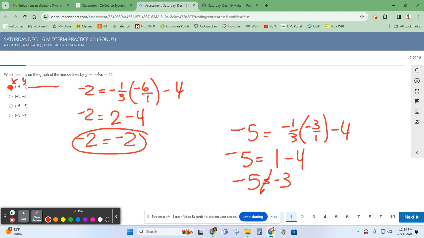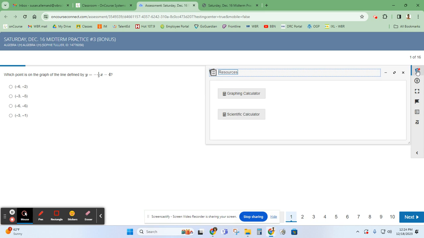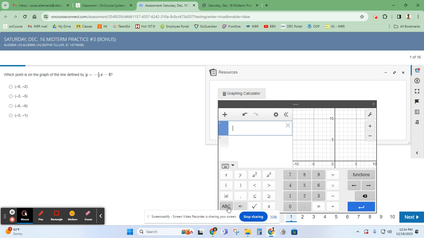And then finally, your third option that you could do to figure this one out. Hold on, let me get my pointer back. Okay. You can go right here to the graphing calculator, type in the equation, y equals -1/3, arrow over x minus 4.